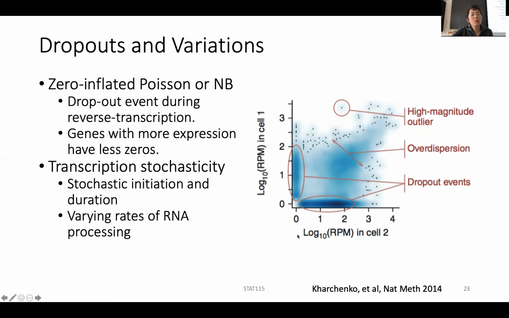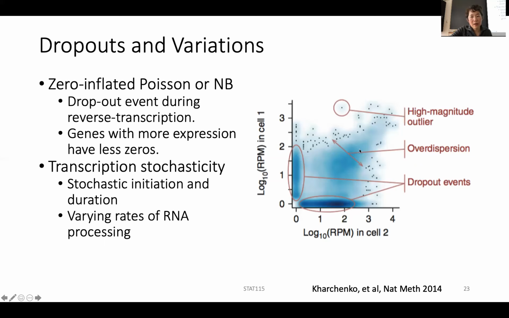Supposedly, these are two SMART-seq single cell experiments, and they are supposed to be identical cells. Even if you try your best, you get a few thousand genes, you look at their expression, you do see some reasonable positive correlation.